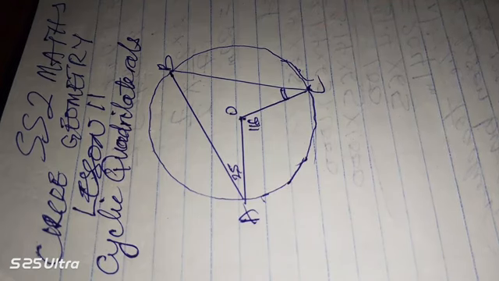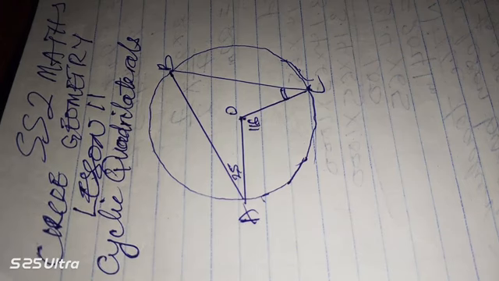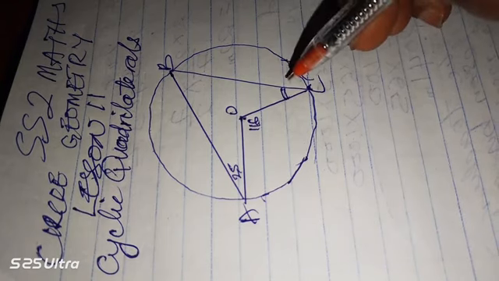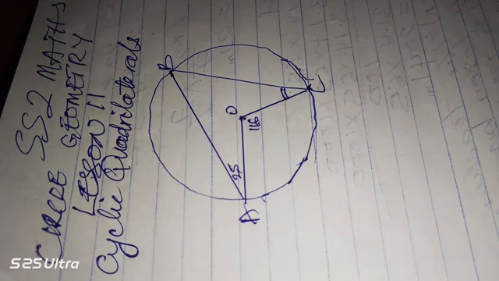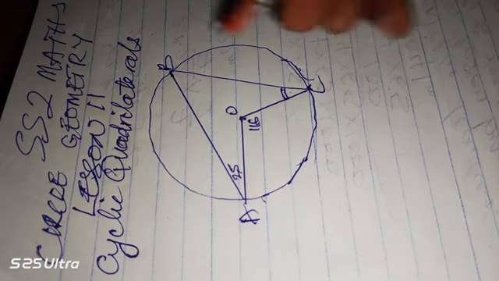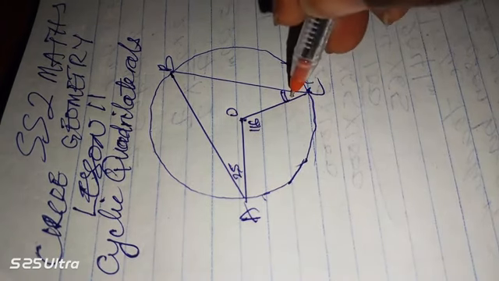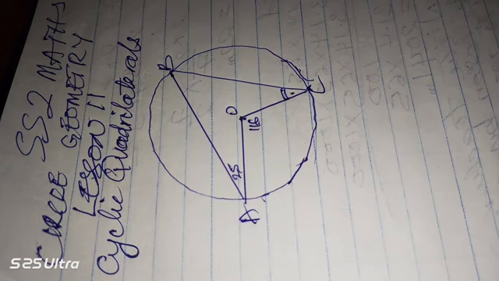Now let's face the solving of this question. If I want to find this angle, looking at all the theorems, I may not see the one that is much suitable to get this very angle here. And that's the angle I'm to look for.